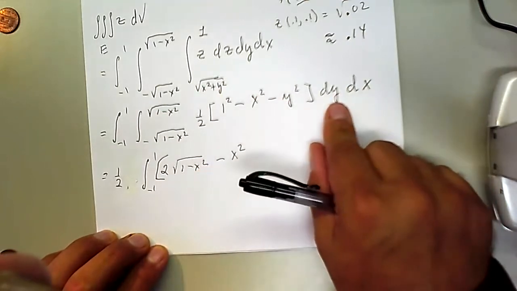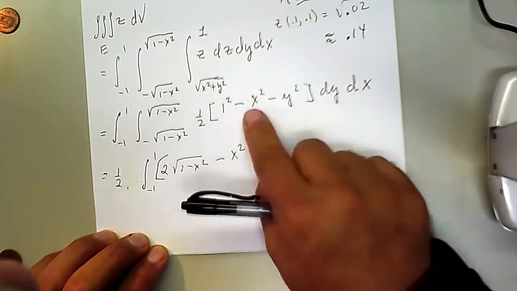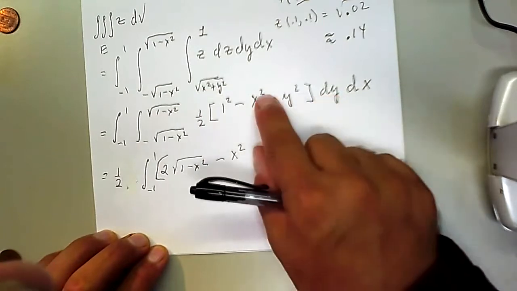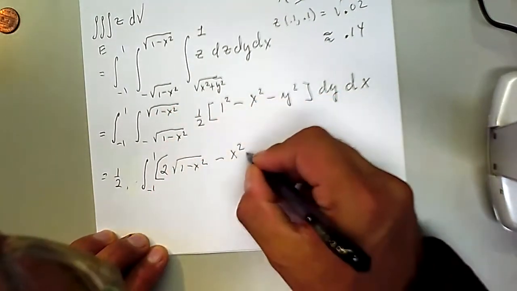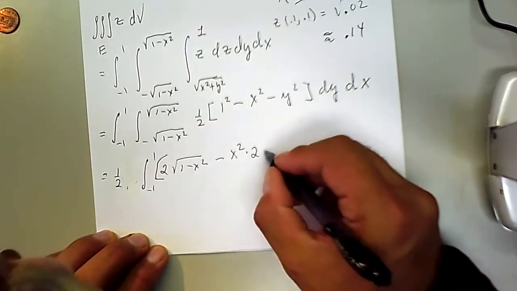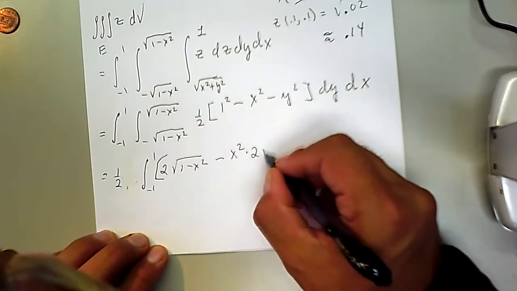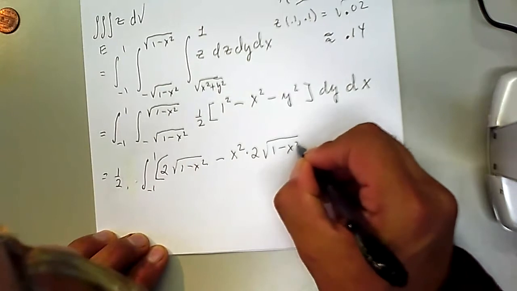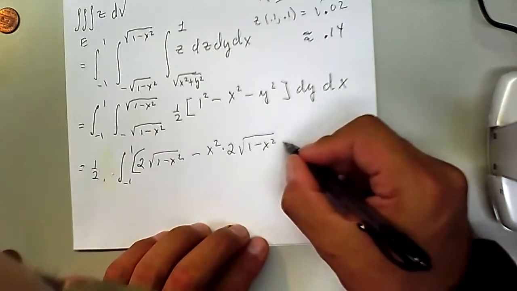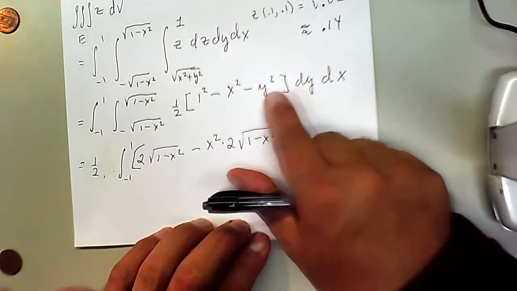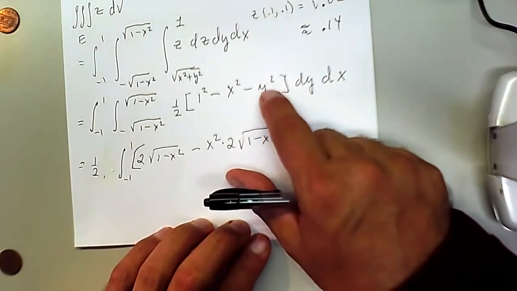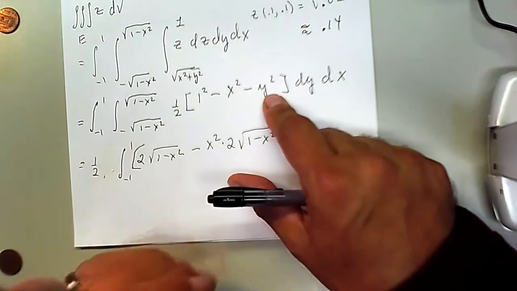And then we have the same thing. This is a constant. We're going to multiply with y with the antiderivative, this minus that. So that's going to give us 2 times the square root of 1 minus x squared. Minus, okay, now we got to be careful because this one is going to be completely different. We're going to have y cubed over 3.